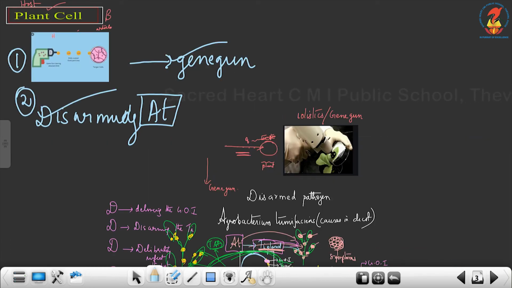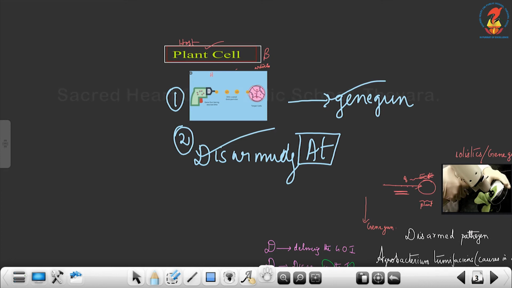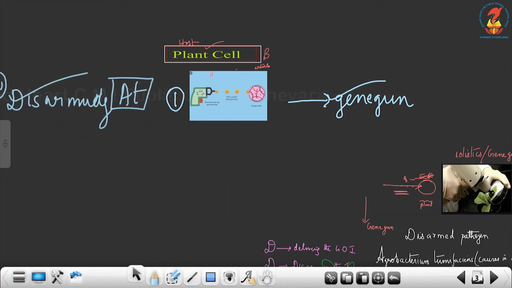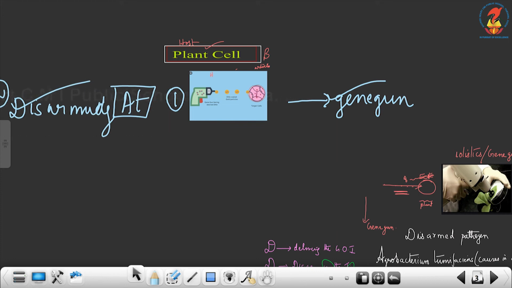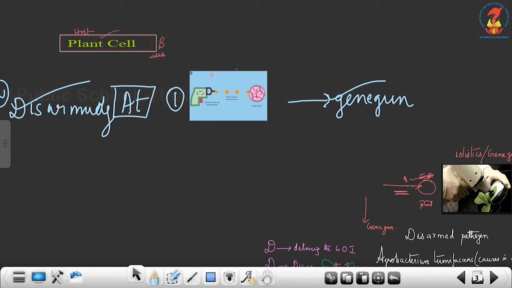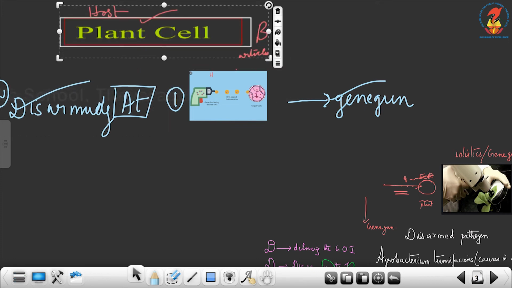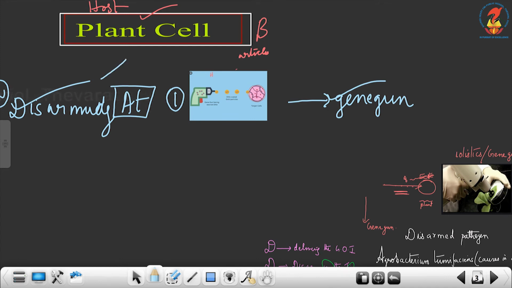If a plant cell is made the host, there are two methods. One is the gene gun or biolistics. This is called biolistics.